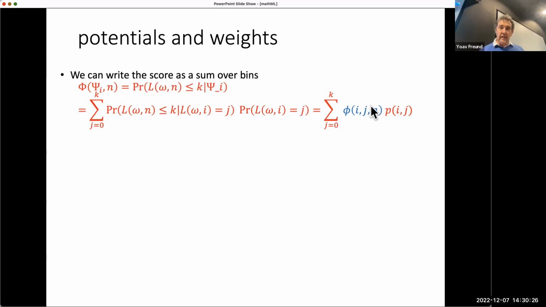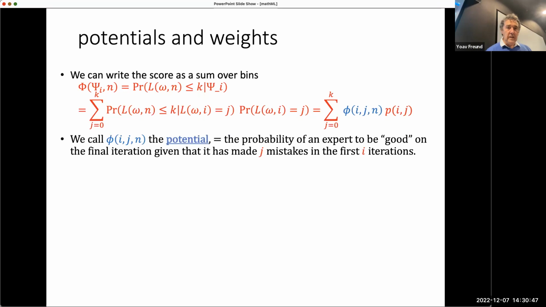But if you write it in that way, you can say, oh, each bin has a potential. So I can write the score that I'm interested in controlling as basically the expectation over this potential. We call this the potential. It's the probability of an expert to be good at the final iteration, given that it has made j mistakes in the first i iterations.